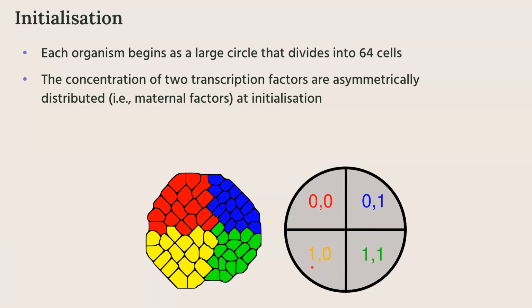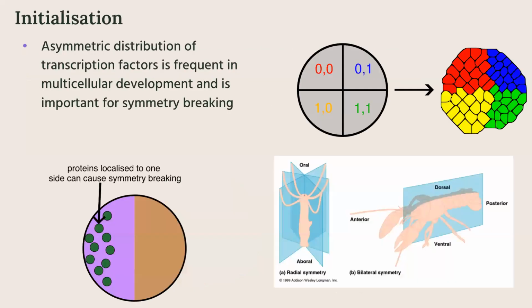And the reason I model this asymmetric distribution is because it's really important for axial symmetry breaking. So asymmetric distribution of proteins will very commonly give rise to the top and bottom and front and back asymmetry that we see in extant organisms.